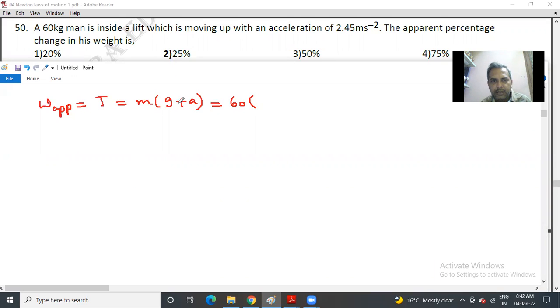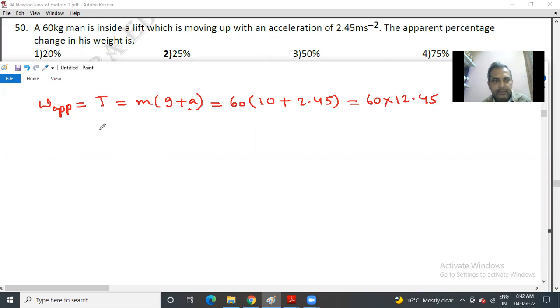Anyhow, G is 10, the acceleration due to gravity. Acceleration with which the lift is moving upwards is 2.45. Now this is 12.45 into 60.